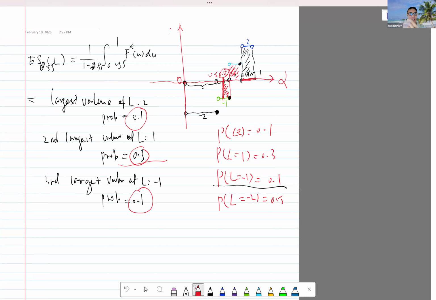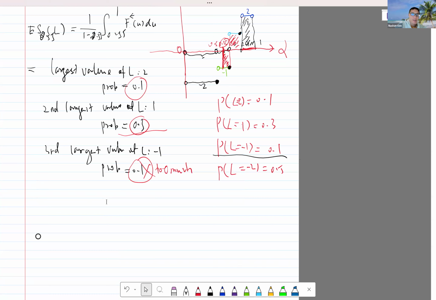So that's too much, because we are averaging from 0.55 to 1, right? So the total probability we want to average over is 1 minus 0.55. So the total length we're looking at is actually 0.45.